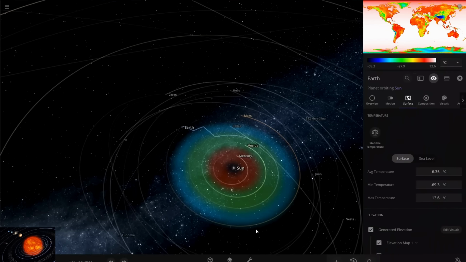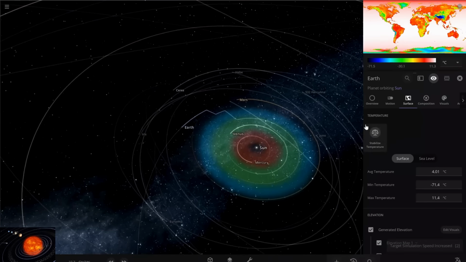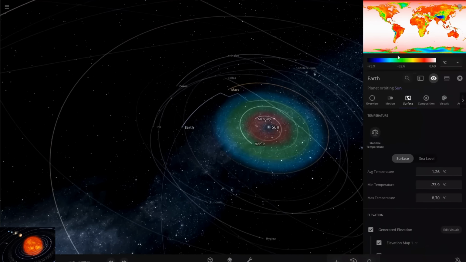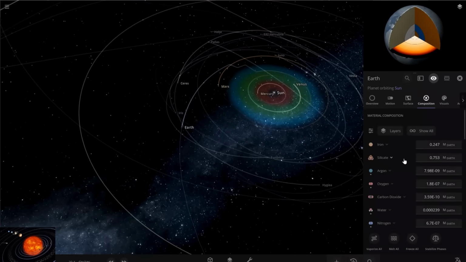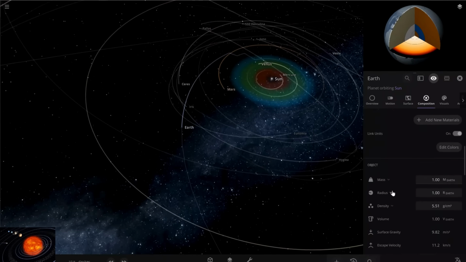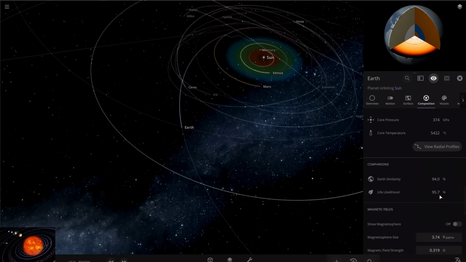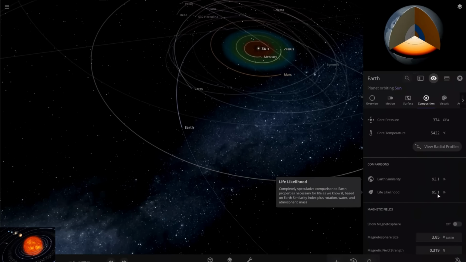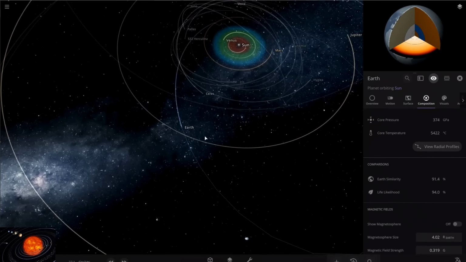I'm a little increasing the simulation speed. So as you can see, the temperature is decreasing, and for sure in the composition column we can see the life likelihood might be decreased. As you can see, it's gradually being decreased, and the orbit is different now.